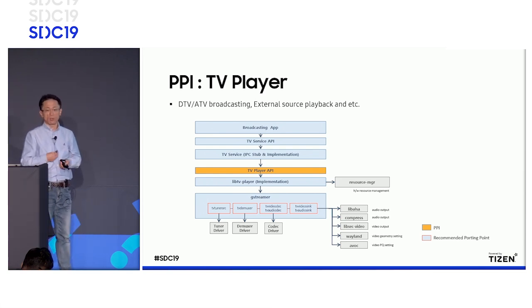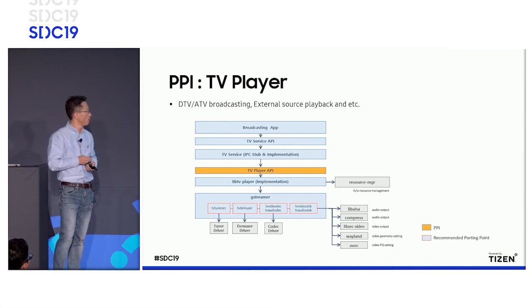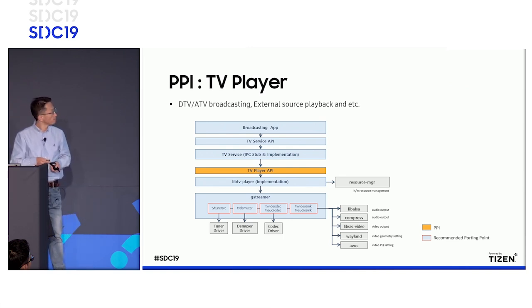When you want to port into your driver, a chipset, then we recommend you to change this one. It is also possible for you to change this other code as well, but it would be much more difficult to maintain and, you know, port.